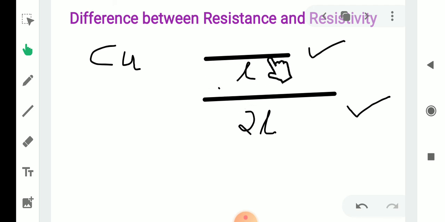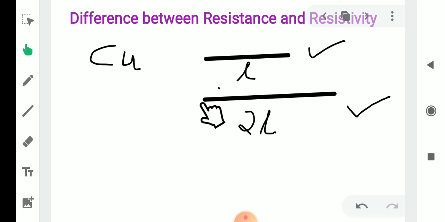Both wires have the same resistivity, because the first wire is made of copper and the second wire is also made of copper. Resistivity is constant for copper. It is not depending on length, or on the area of cross section.